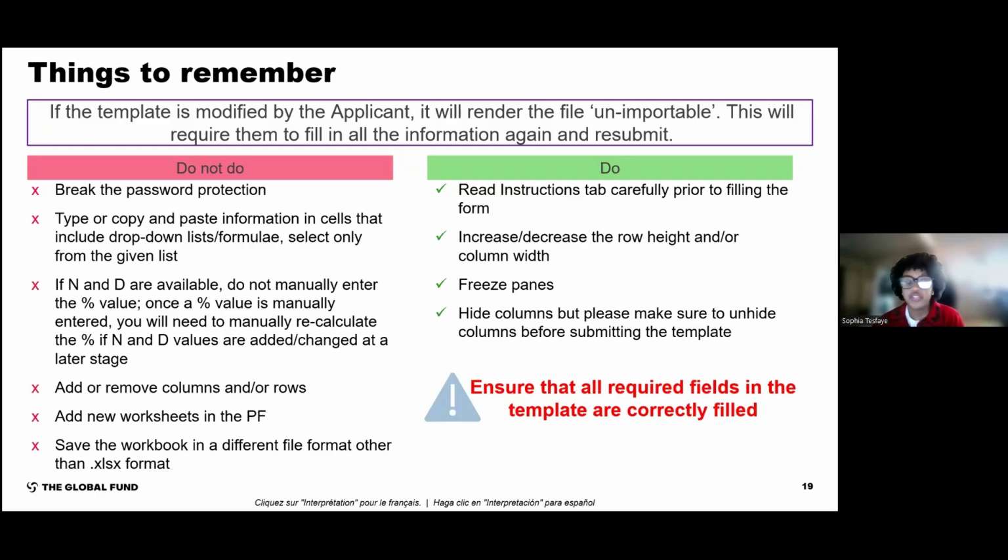You can still freeze panes, hide columns and rows to make it even easier to navigate. But what we do ask is that you don't try and break the password protection or do any sort of inputs that aren't expected for the performance framework Excel, as it can limit the functionality of the Excel. Again, all of this information is in the instructions tab within the form to help guide you as you're using it. Next slide.